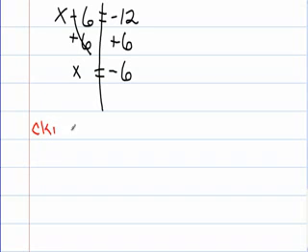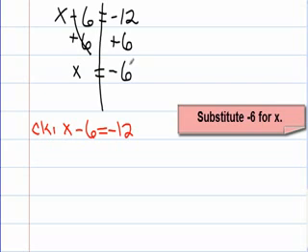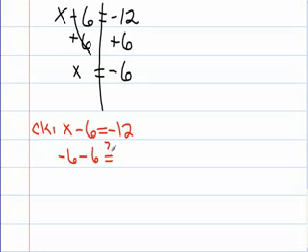Let's check our equation. If you remember, we would check our equation by first writing the equation. Since we said that x equals negative 6, I'm going to replace negative 6 in for x.